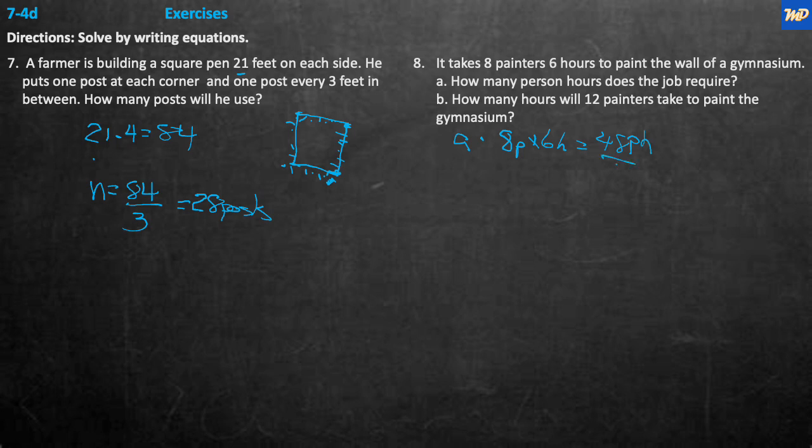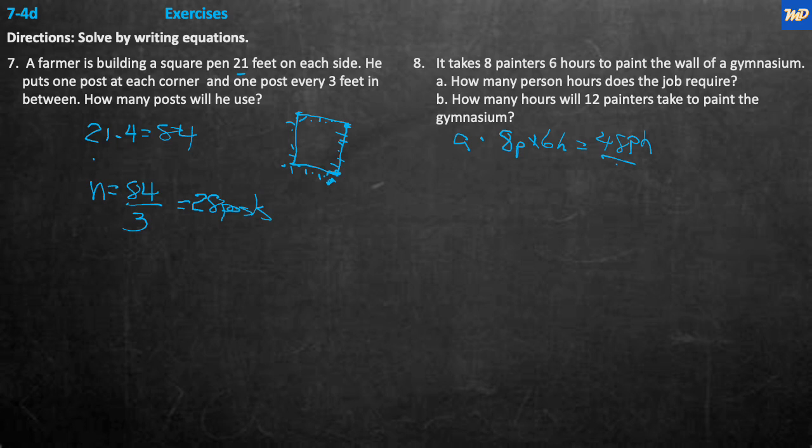The next question: how many hours will 12 painters take to paint the same wall? Well, we're going to assume that all these painters have the same efficiency, that not one painter is faster or slower.